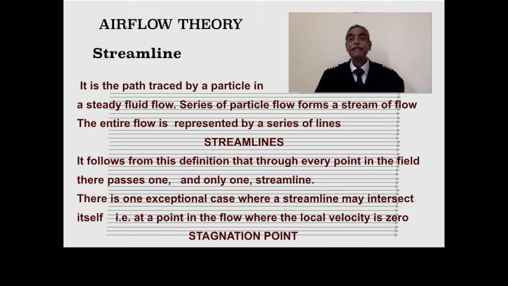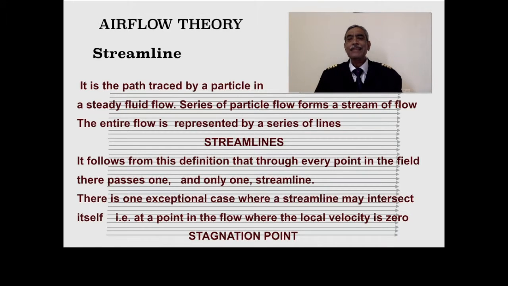There is one exceptional case in which a streamline may intercept itself: at the point in the flow where the local velocity becomes zero. It is called the stagnation point, which we will learn about, along with its phenomena. But for now, I think this definition is very clear.